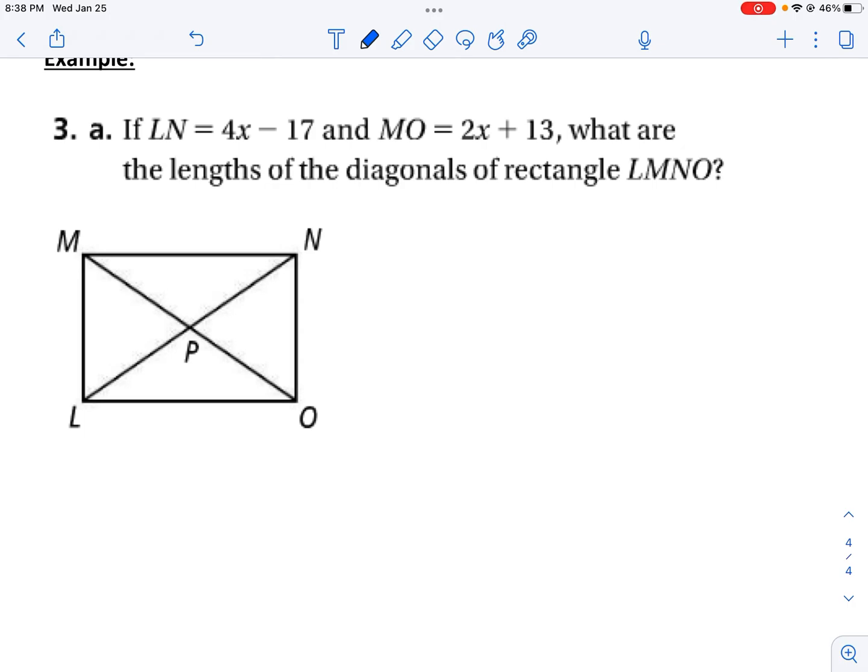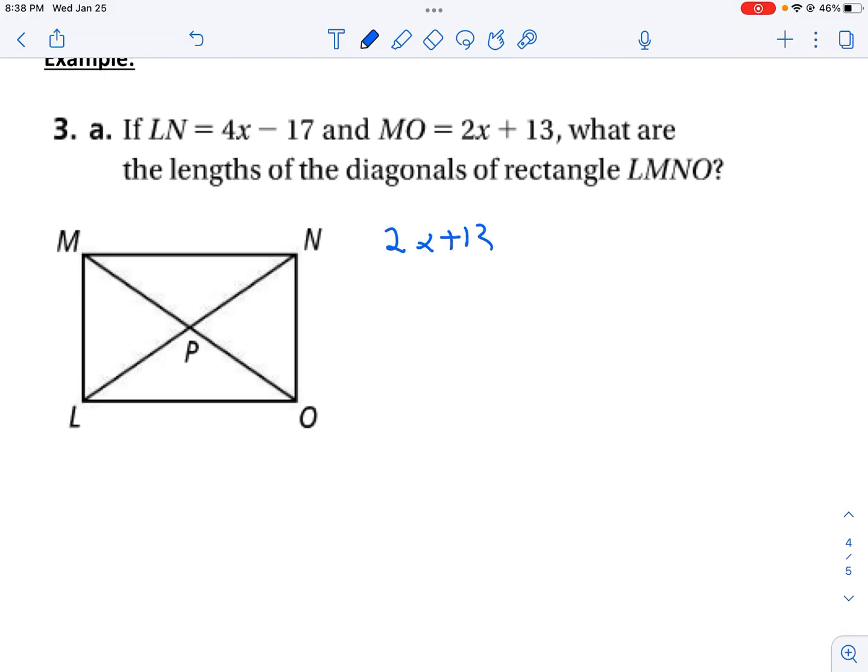Example 3a, very similar to the one we just did. Again, in this case, LN, which is this diagonal right here, is 4x minus 17. And MO, which is right here, is 2x plus 13. So again, they're giving you the lengths of the diagonals, so we know their measurements are equal.